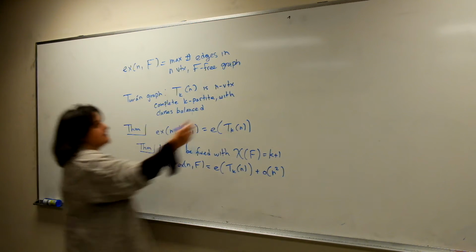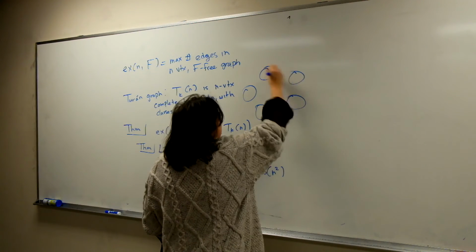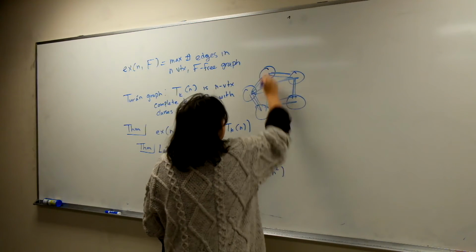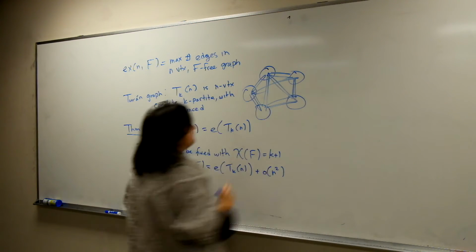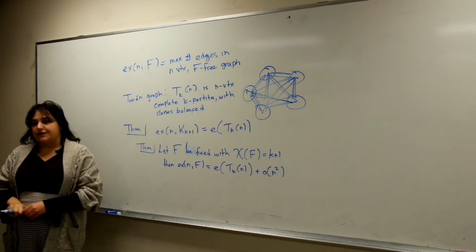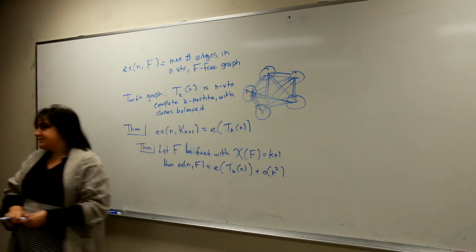So the Turan graph, I mean, we want to draw a picture. We've got these blobs here, all connected. We didn't explicitly compute how many edges are in there, but these are linear sized classes and we are complete between two classes.